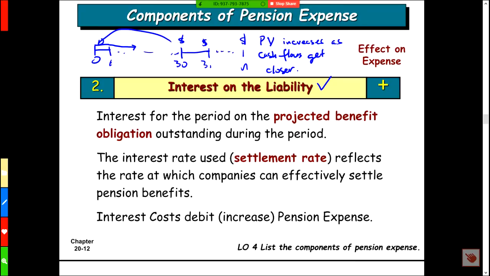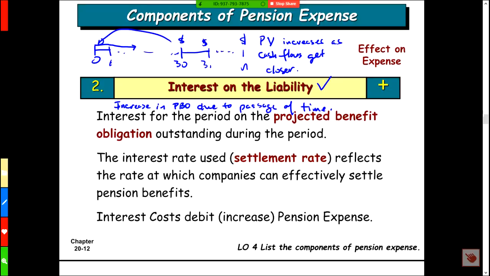So this says interest for the period on the PBO outstanding during the period, and that's true, but it's also an increase in PBO due to passage of time. So if all the benefits were frozen today and all we did was move closer to when the benefits had to get paid, the present value would get larger, all right?